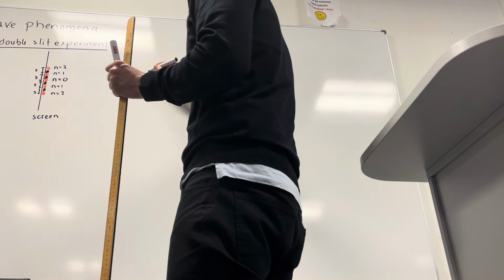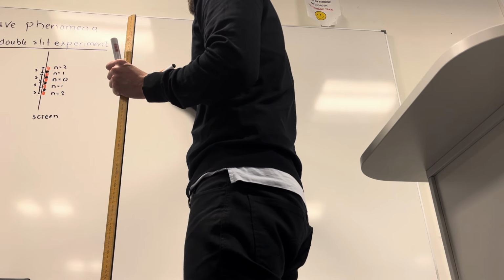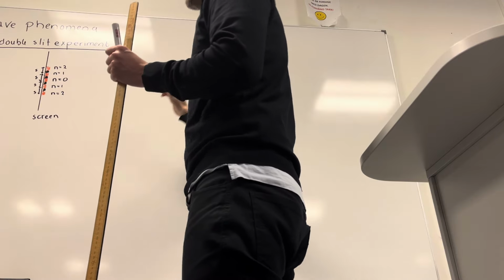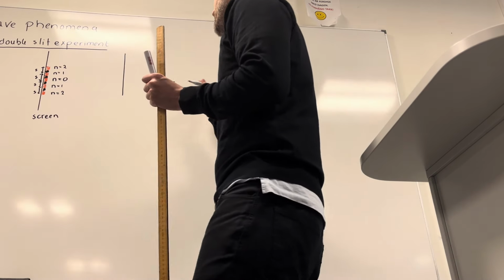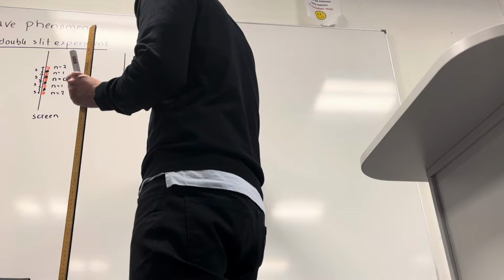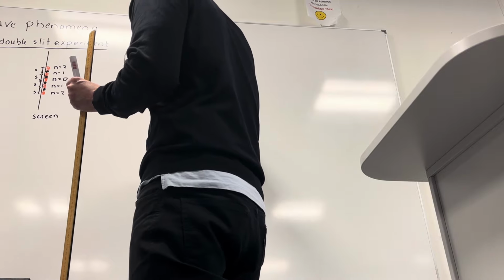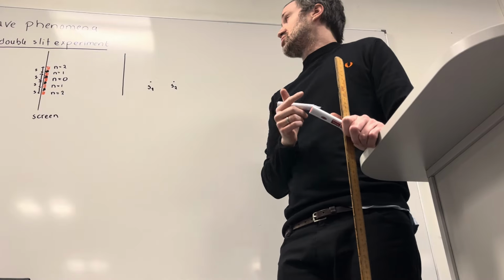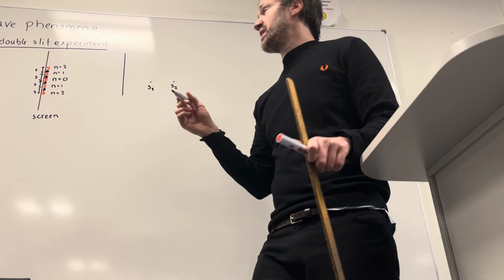If you go back to the ripple tank, let's say you have a source of wave here and a source of wave here, two sources of waves. Let's say I start with one specific wavelength.